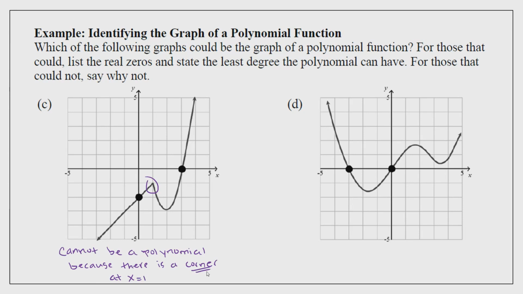Now D, similar to B, is smooth and continuous. So this could be a polynomial because it is smooth and continuous.